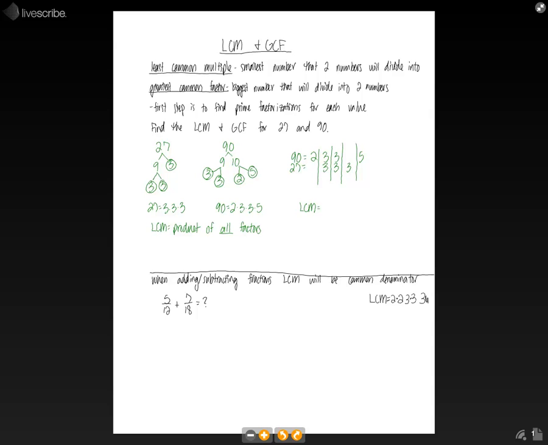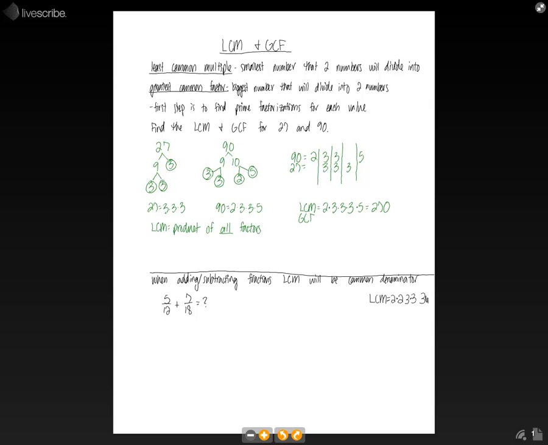So for this problem, we're just going to take all of our values. We're going to have 2 times 3 times 3 times 3, because we had 3 3's, and then we have 1 5. So this gives us 270 for our LCM.